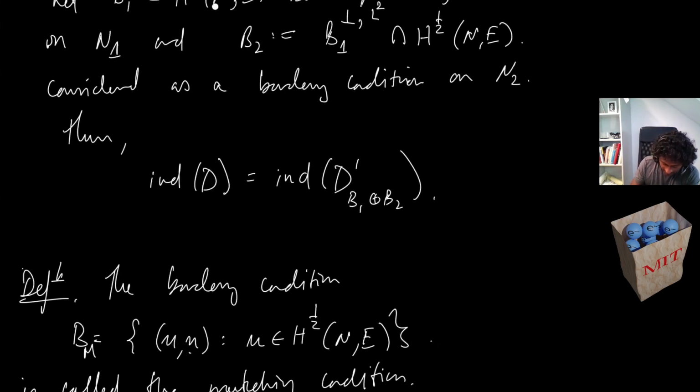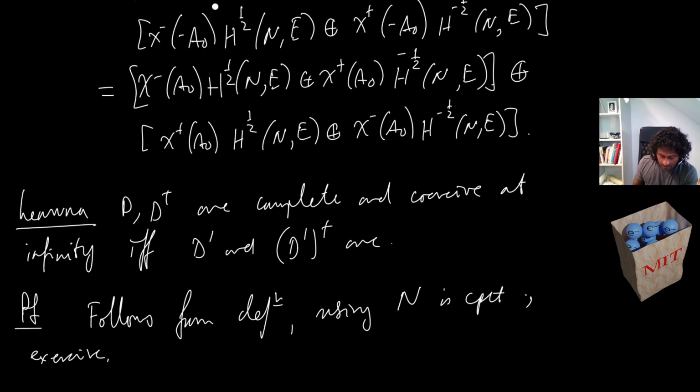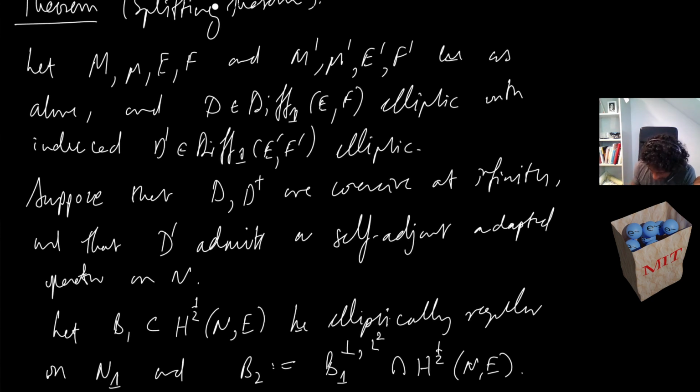But that should be in this lemma: D and D dagger are complete and coercive at infinity if and only if D prime and D prime dagger are. So I should really say coercive at infinity and complete.